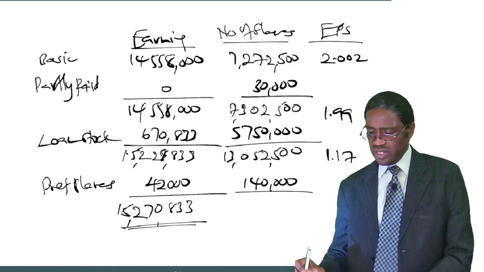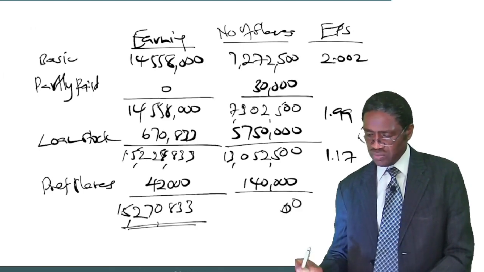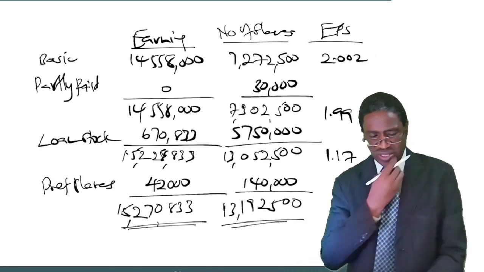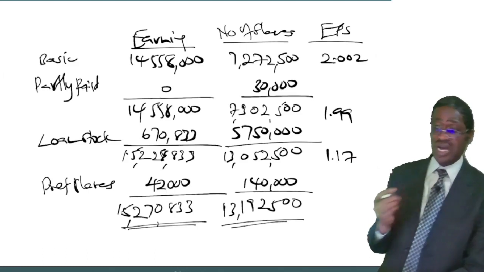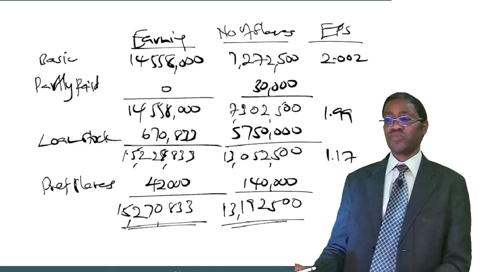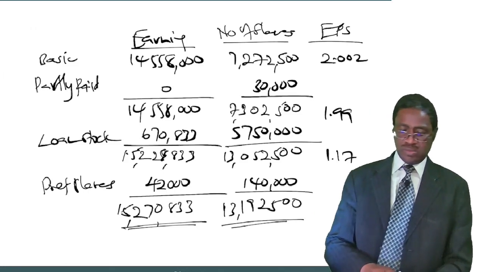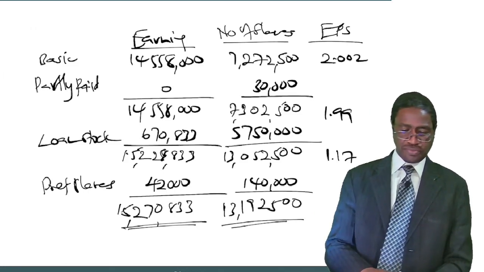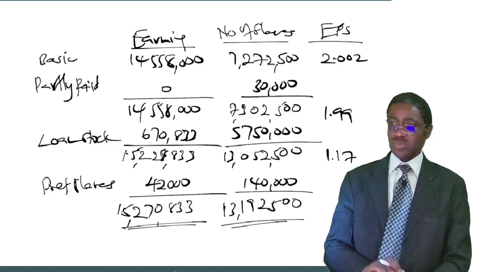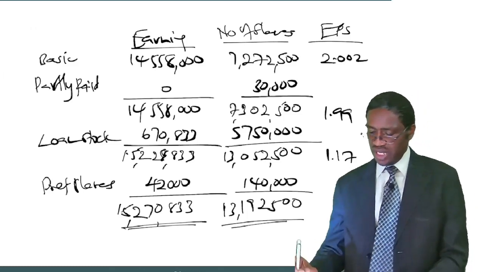So get the diluted EPS now. Get the earnings. Okay, I'm getting an amount of 1.16.